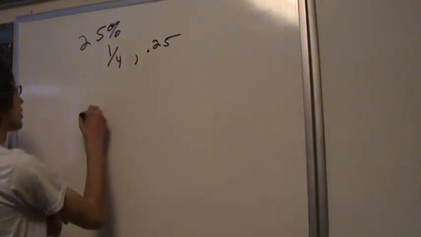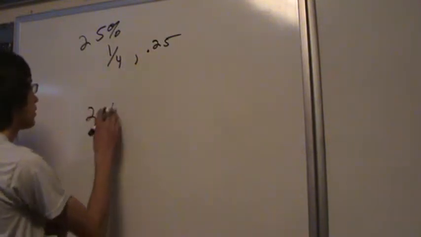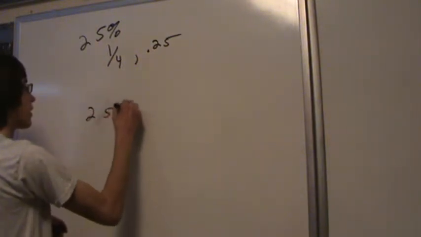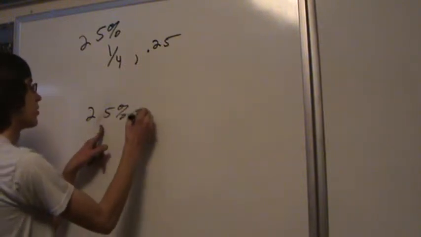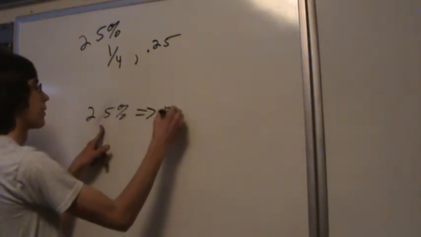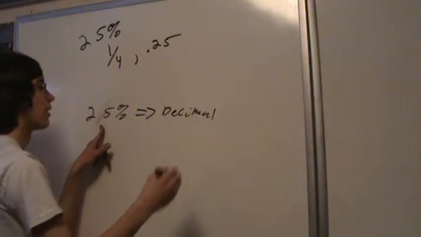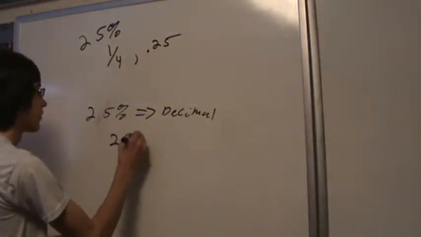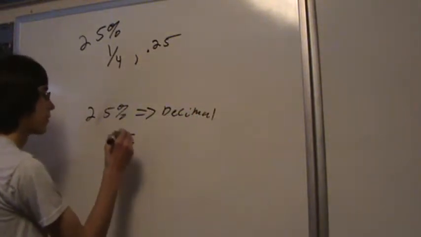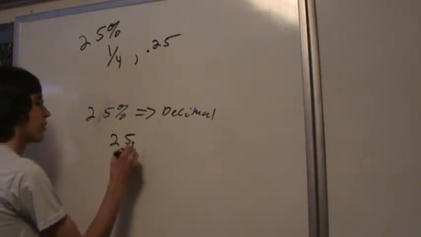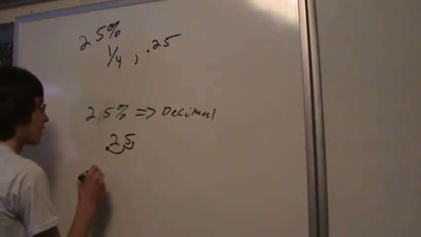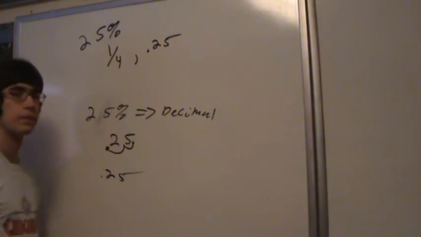If you're going to change a percentage into a decimal, then you just do 25, and the decimal point is there, and you just move it over twice. So that's 0.25.